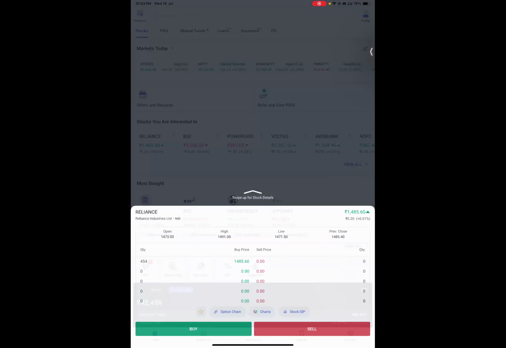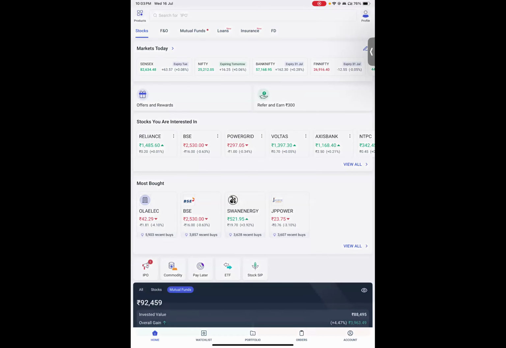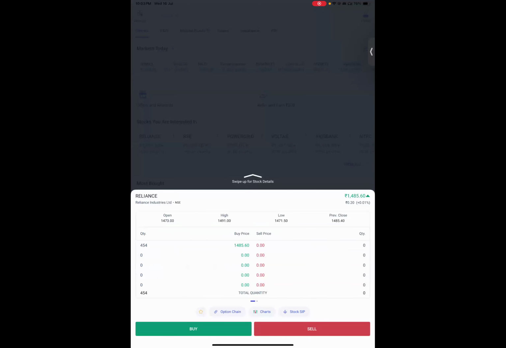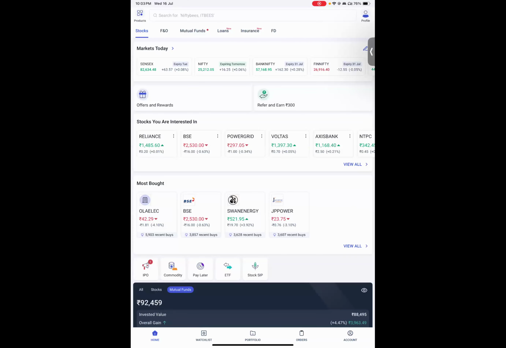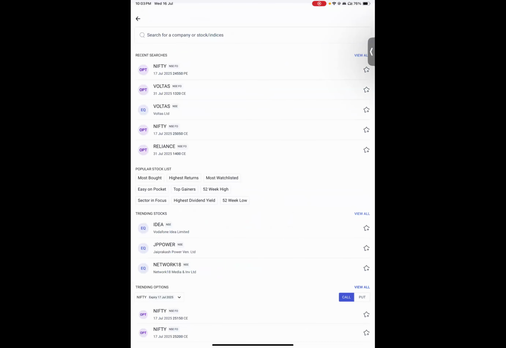So now, if I want to buy this Reliance as an asset, how much money will I be paying for that asset? I need to pay 1485.60. Okay, so this is the cost of the actual underlying asset that I want to buy. Now understand this. Here, I'm going for the Reliance derivative, Reliance 1400.